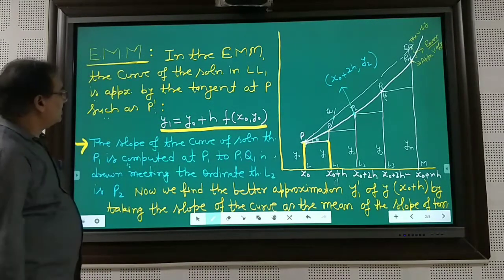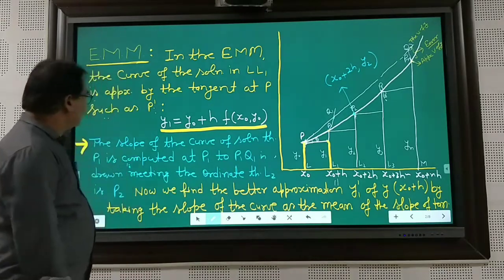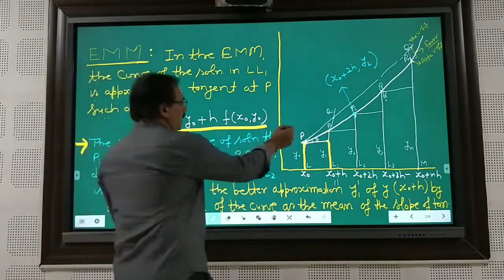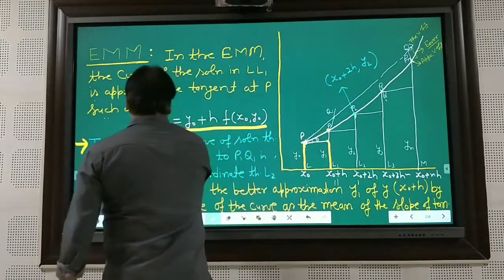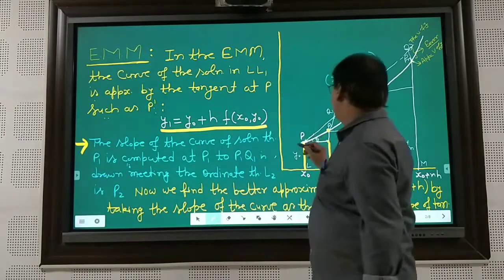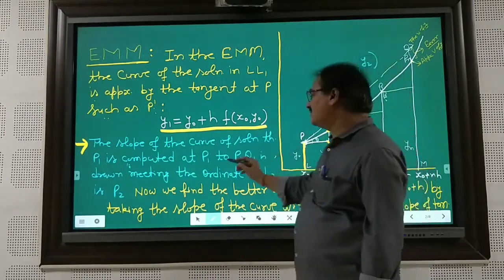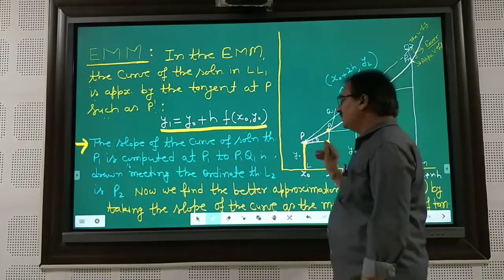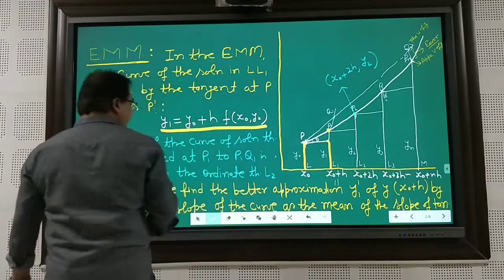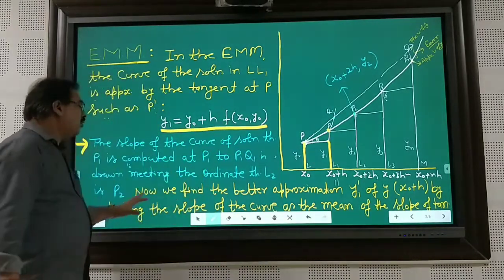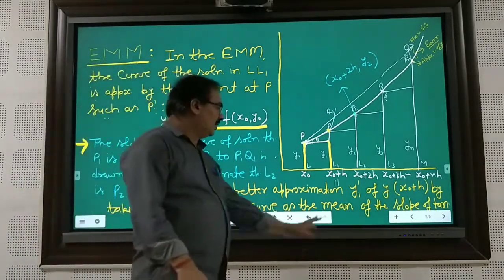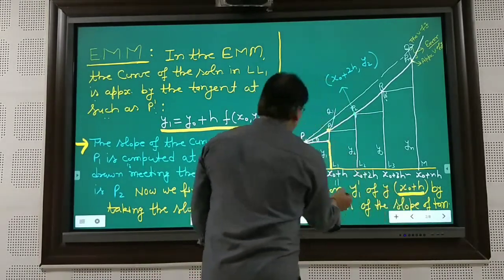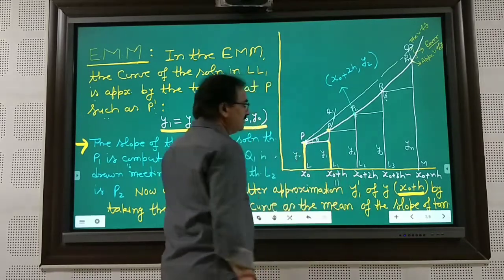The slope of the curve of solution through the point P1 is computed, and P1Q1 is drawn meeting the ordinate at L2. Now we find the better approximation y1 dash of y at the ordinate x0 plus h, that is y1.